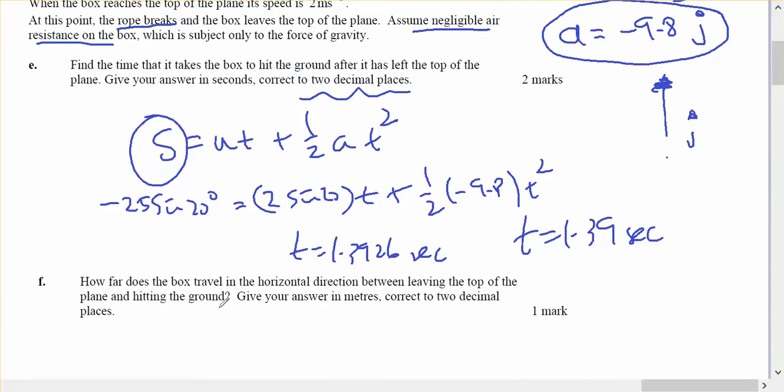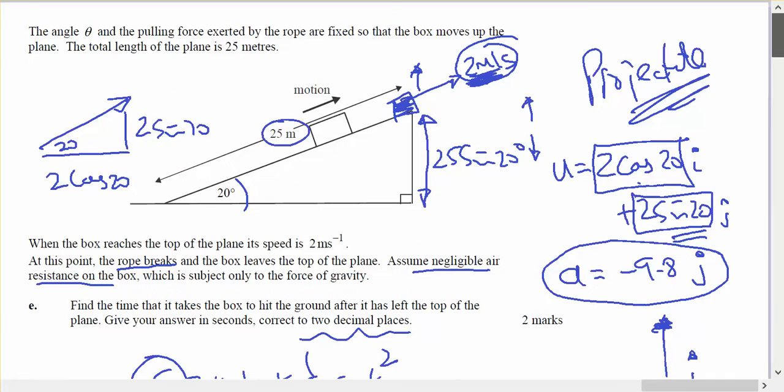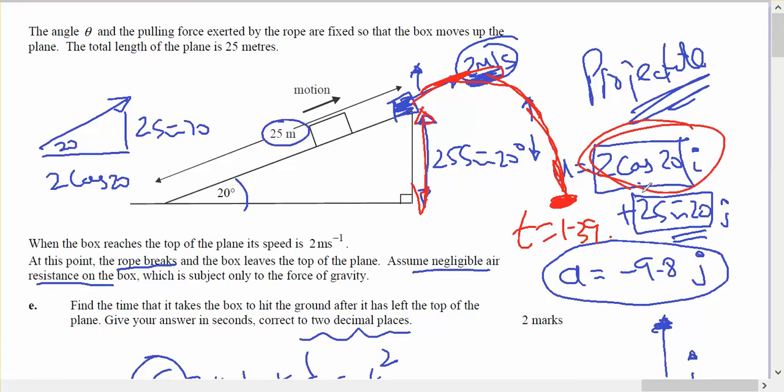Okay, so how far does the box travel in the horizontal direction? Okay, so what's happening is this box travels like this and lands here. I know it takes time of 1.39 to land here, and it's travelled that far velocity-wise. There is an I component of the velocity, so that's the position.